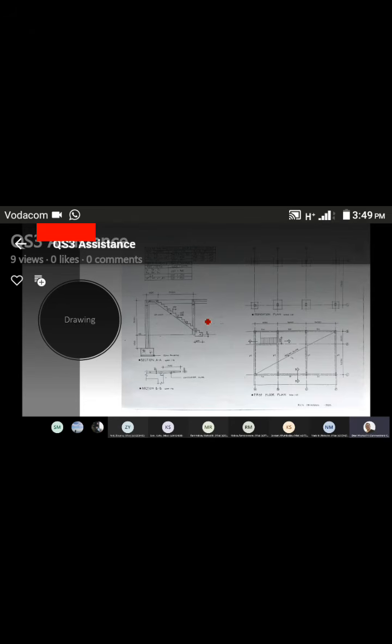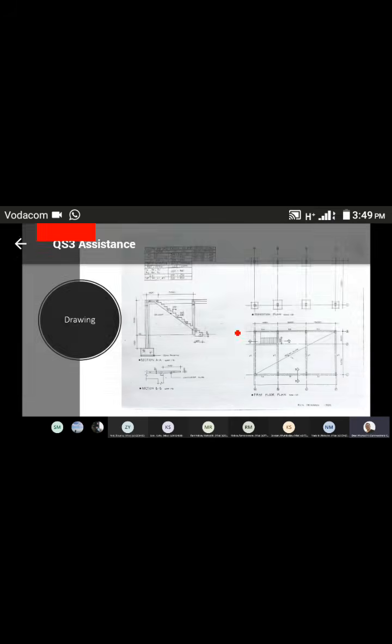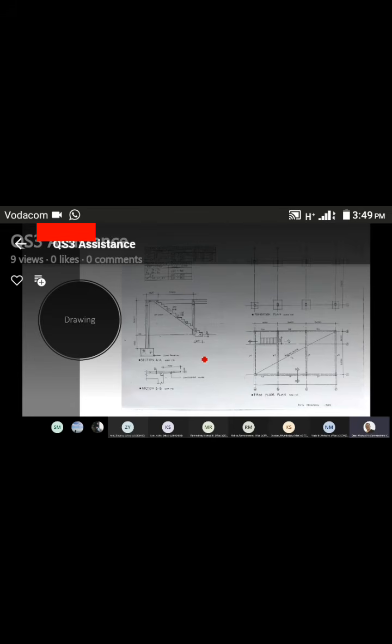Right. So how do I determine what the length of those columns are? Very simple. I take this dimension. You all see the circle there, right? I take that dimension. What are those dimensions?